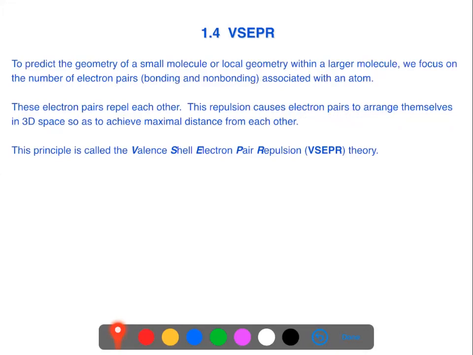We're going to look at examples now of the different geometries or shapes that small molecules can make when we consider the valence electrons associated with those atomic centers. Specifically, we're going to focus on the number of electron pairs found in bonds, as well as the electron pairs found as non-bonding pairs around those atomic centers.